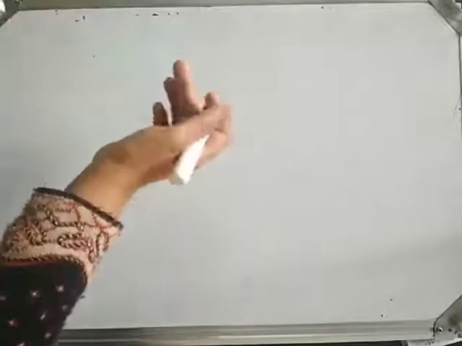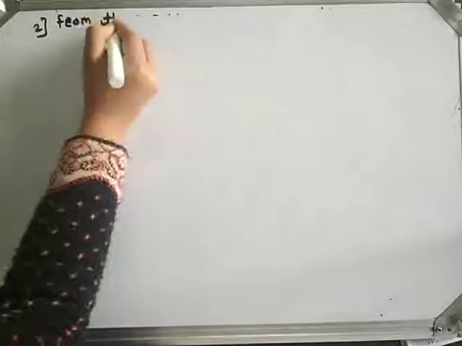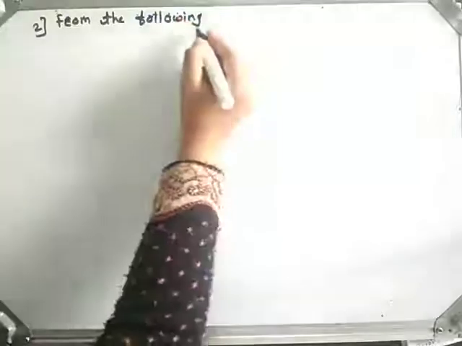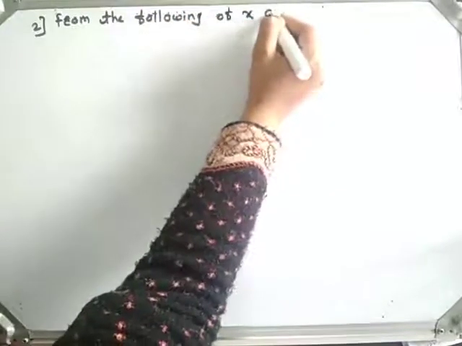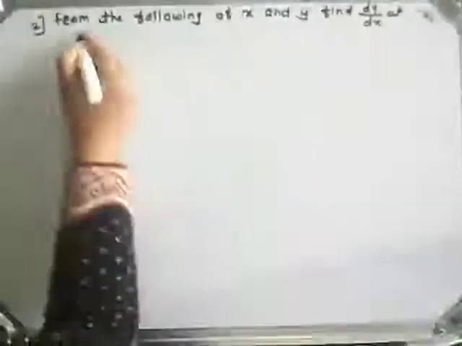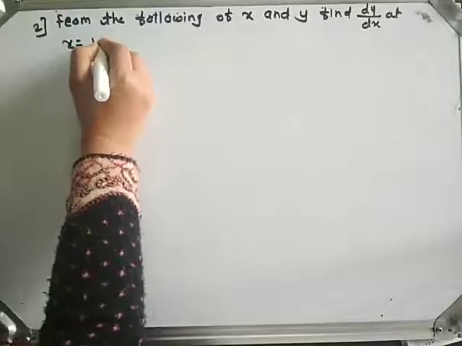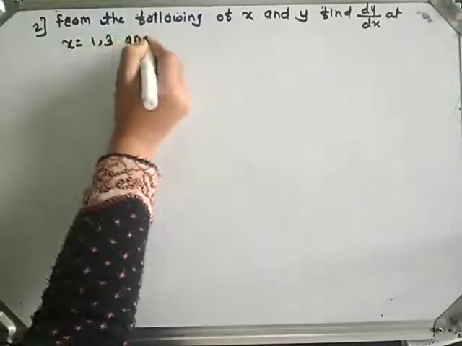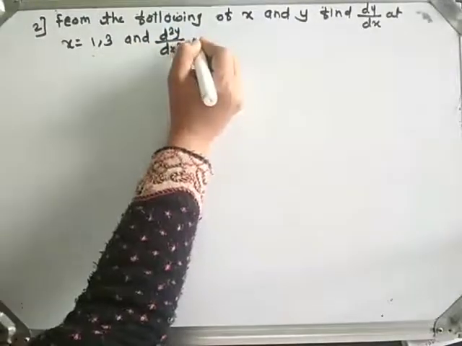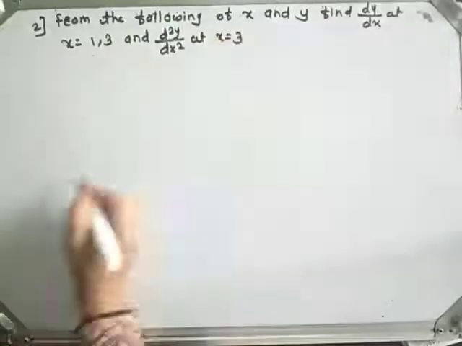The second example is: from the following data of x and y, find dy by dx at x equals 1, 3 and d square y upon dx square at x equals 3. Okay.